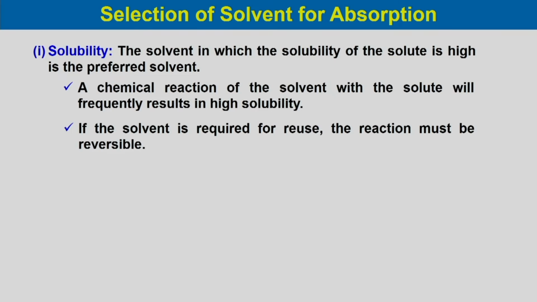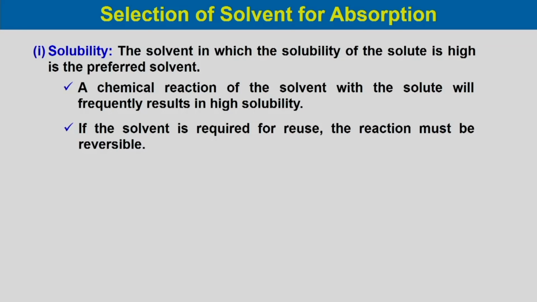As we said earlier, carbon dioxide or hydrogen sulphide can react with bases like sodium hydroxide, potassium hydroxide, or alkanolamines like monoethanolamine, diethanolamine. These are highly reactive solvents particularly for these solutes. So, that will enhance the total or equilibrium solubility.